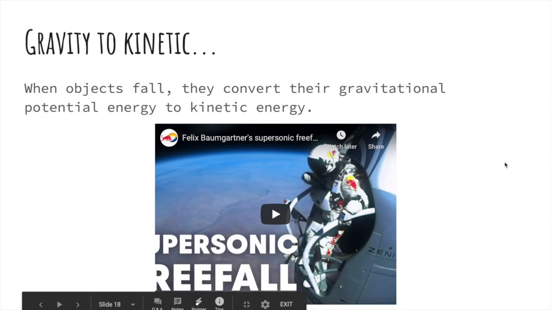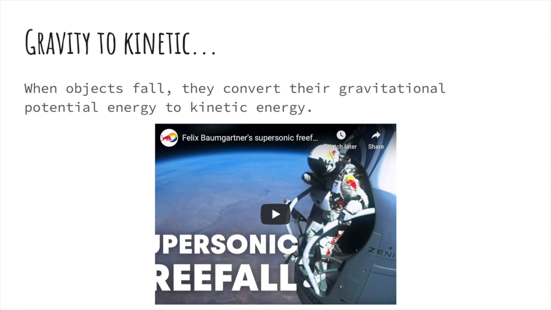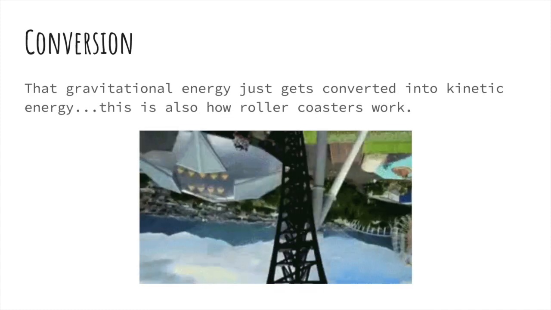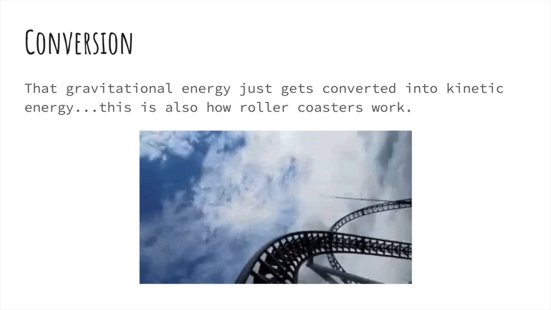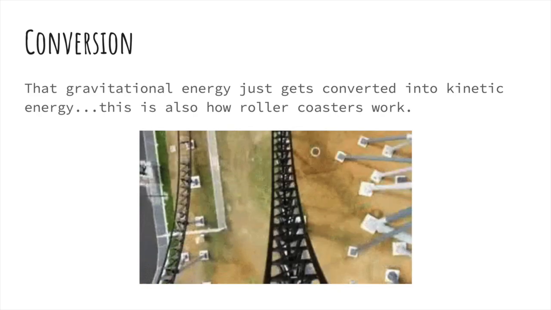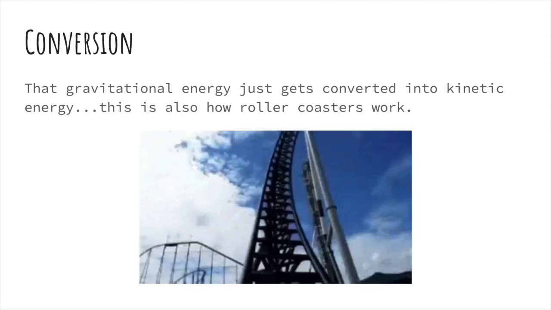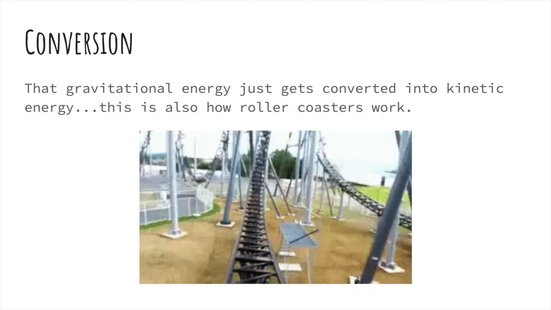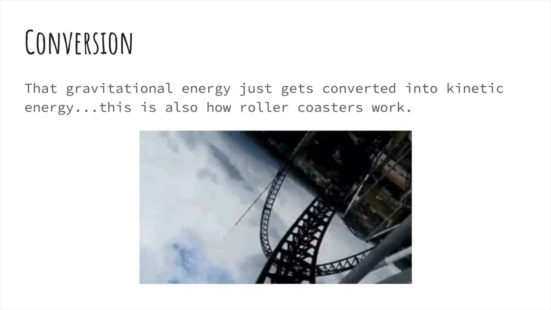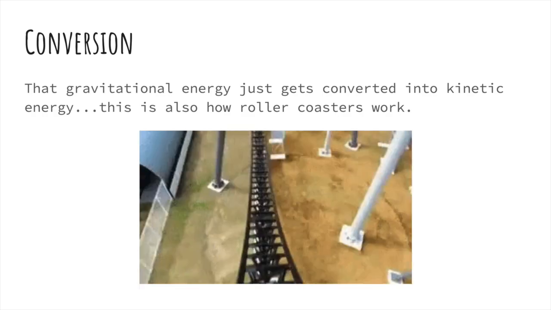Okay, good. So that video shows how gravitational potential energy can get converted into kinetic energy. There's another more on-Earth example of this. This is how roller coasters work. The reason most roller coasters start with a big climb is they're building up gravitational potential energy, and then you drop down and that's converted into kinetic energy.